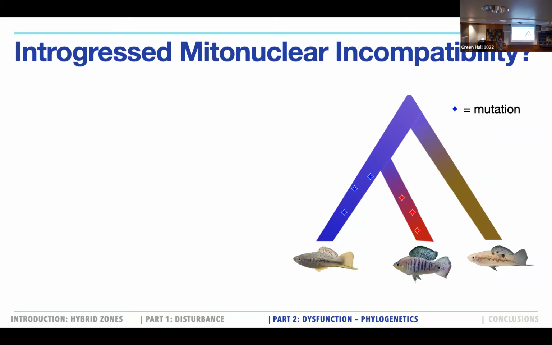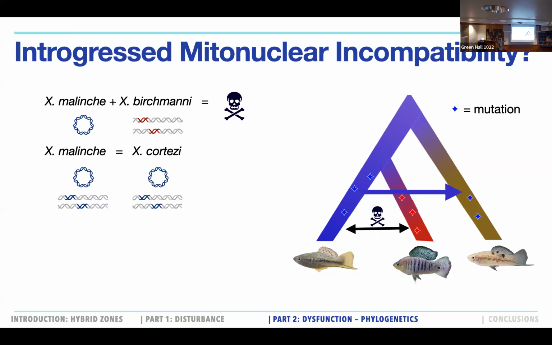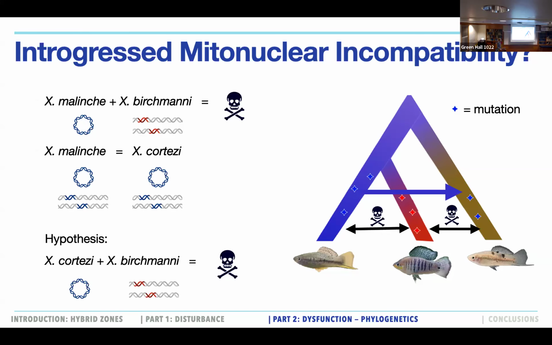So our pseudo-mathy way of the transitive property says, Malinche and Birchmani versions of these are lethal. Malinche and Cortezi are more or less identical, therefore by the transitive property, Xiphophorus cortezi and Xiphophorus birchmani of these alleles should have not just lethality, but maybe even a similar phenotype.